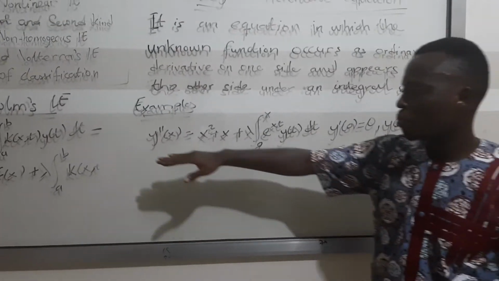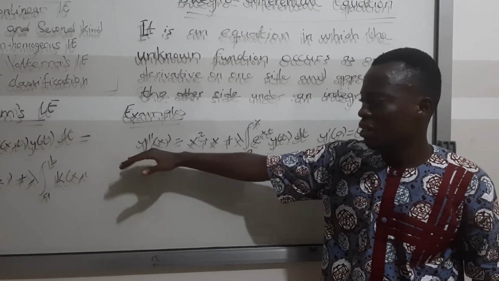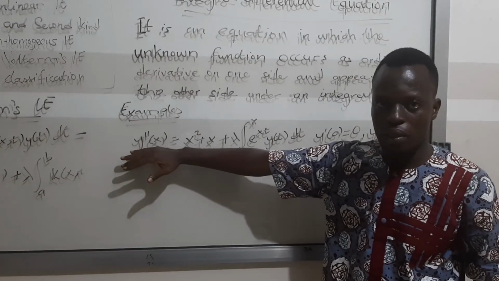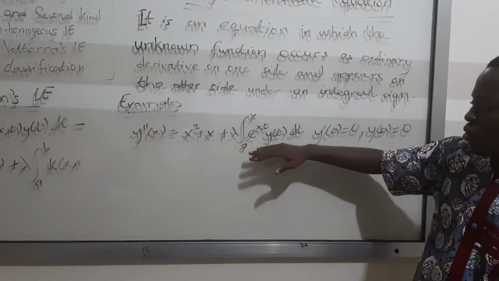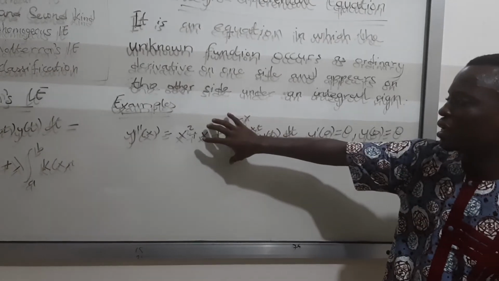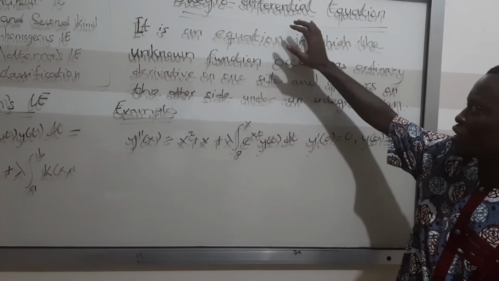But this unknown function appears on the left hand side as what? The derivative of y. And appears on the other side under the integral sign. So this makes this equation an integro-differential equation.